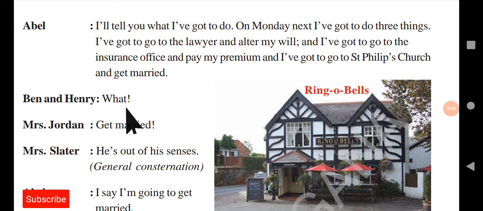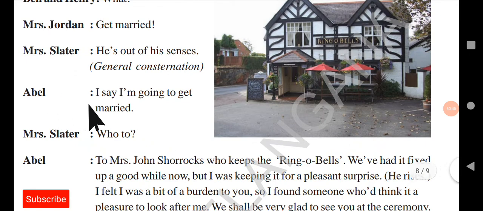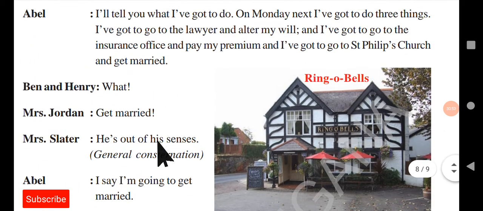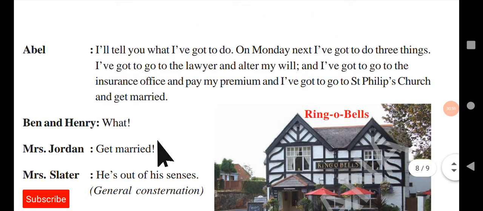Ben and Henry: What? Mr. Jordan: Get married? Slater: He's out of his senses. Abel: I say I am going to get married. Slater: To who?